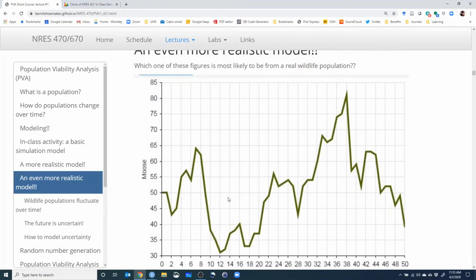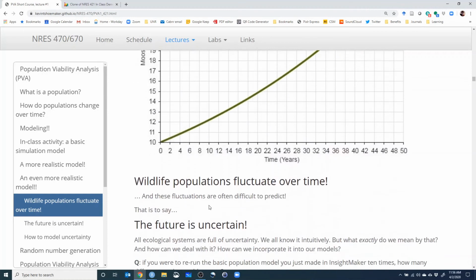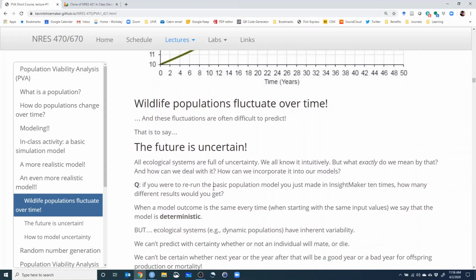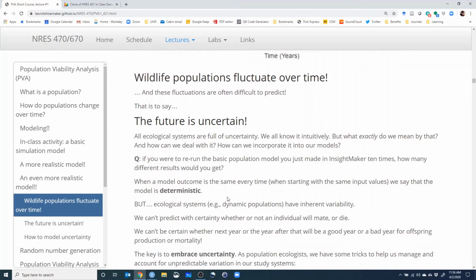So what is it about this that makes it more realistic? It's just the fact that we can't necessarily predict what's going to happen in one year or the next. There's fluctuations, and those fluctuations can be unpredictable. So that introduces a concept that we call stochasticity. So first of all, wild populations do fluctuate over time, and those fluctuations are often not tractable.